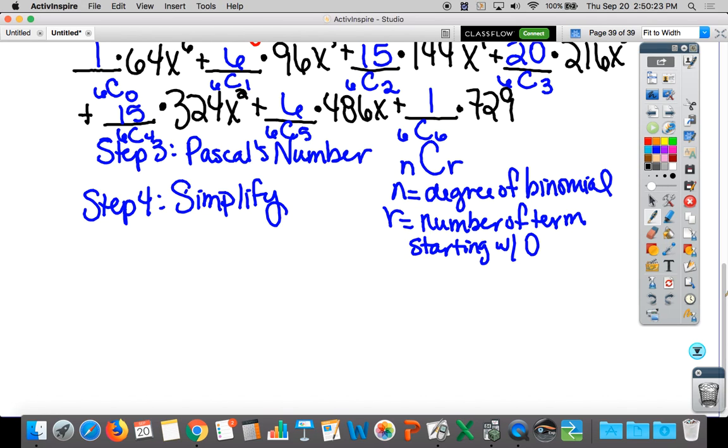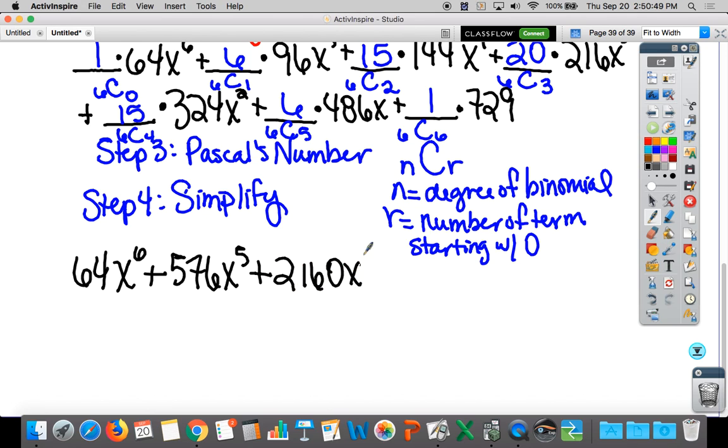Tell me these and talk clearly, because sometimes, I'm putting off getting that hearing aid. Okay, so the first one I know, I can do that one. 64 x to the 6th plus, what would that one be? 576 x to the 5th. Okay, plus 2160 x to the 4th. Okay, plus 4320 x to the 3rd.